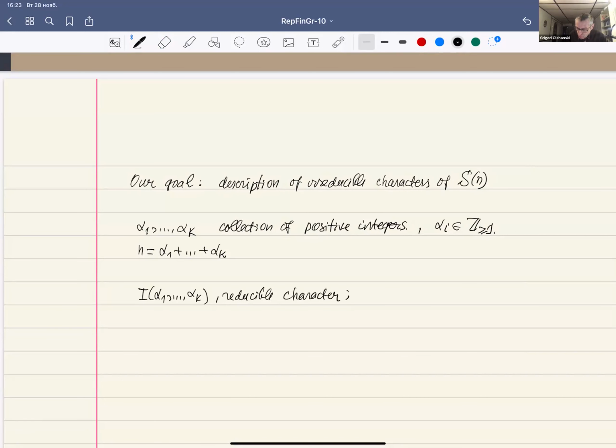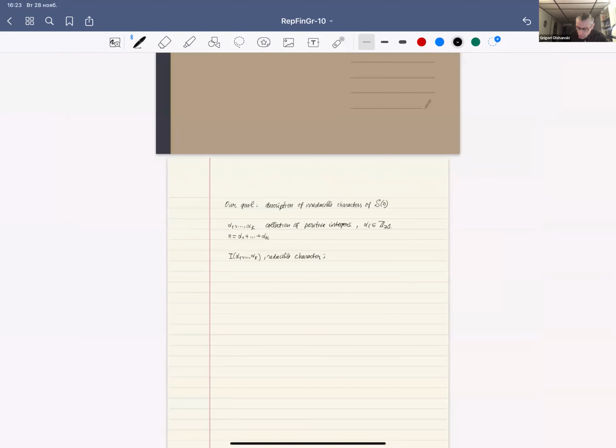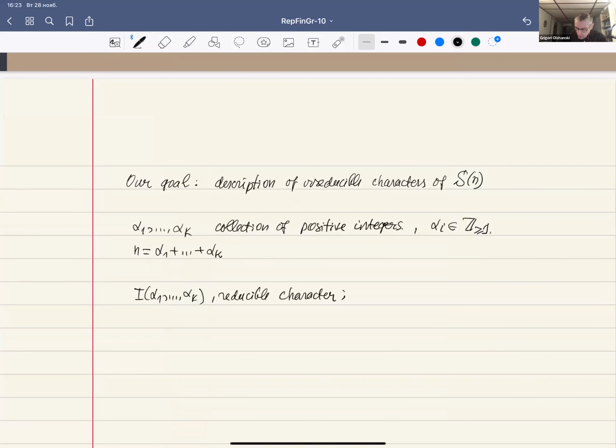Then, the character is the character of the induced representation.